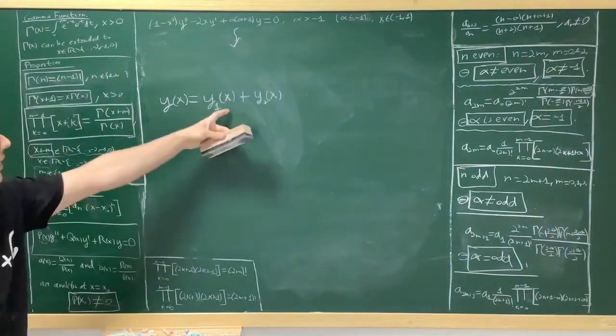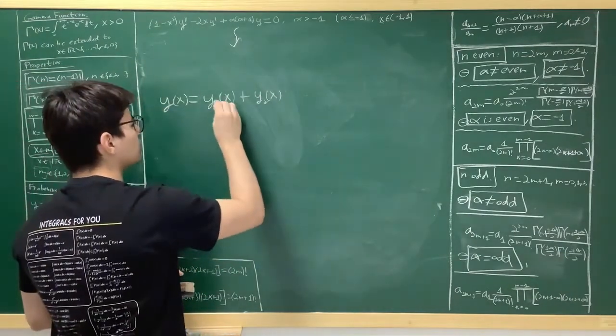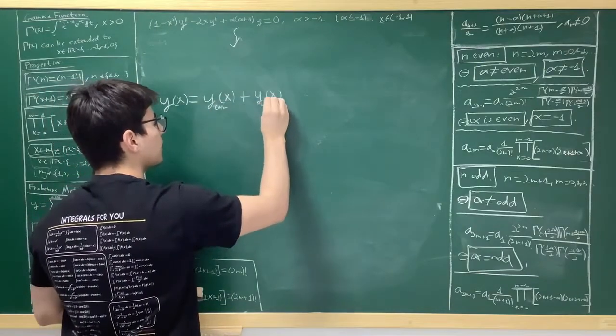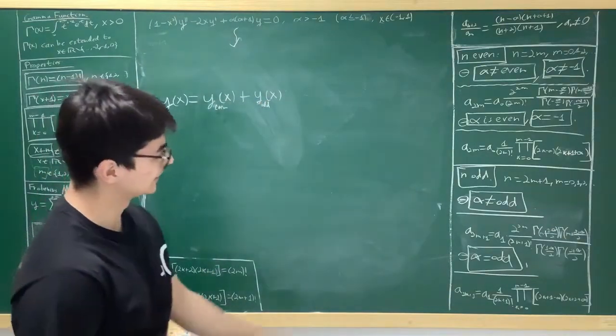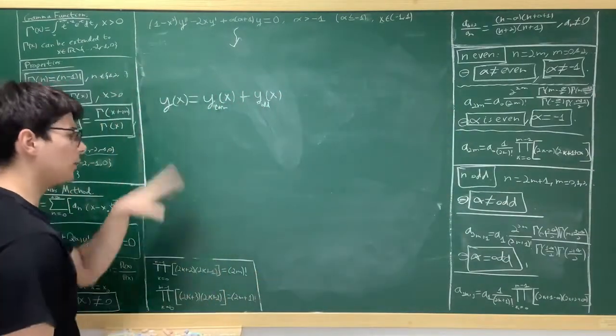This stands for the even part and this stands for the odd part. Or maybe just let me write even and odd, and keep in mind that we can take out the a0 and a1, but we'll see afterwards how.